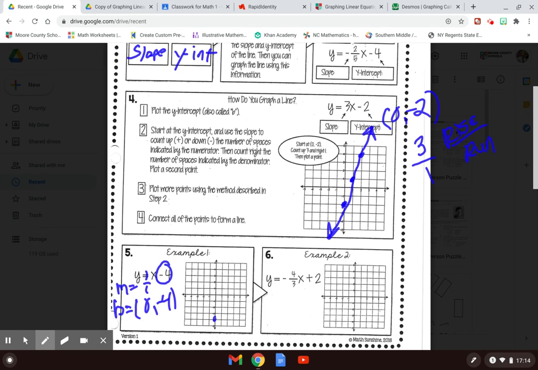So I start at -4, I go up 1 and over 1, make my next point, up 1 and over 1, make the next point, up 1 and over 1, and make the next point, and then I connect my points with a line.